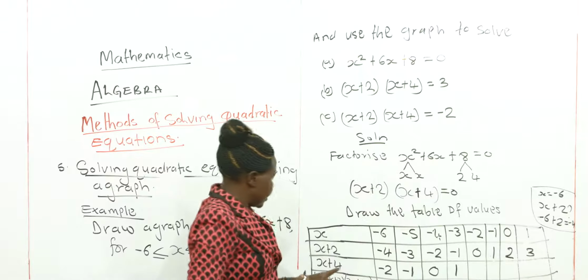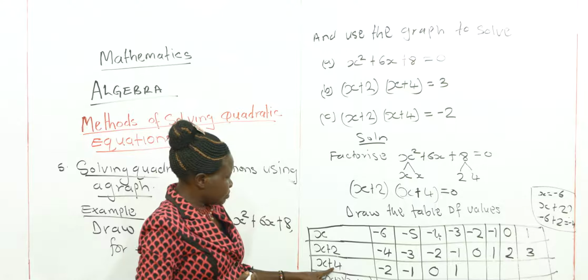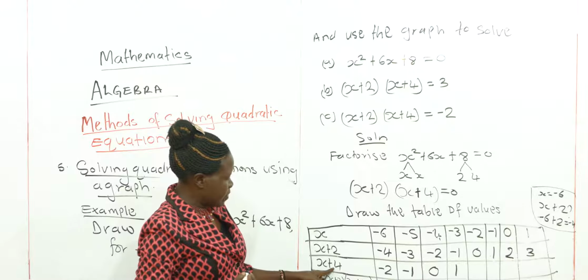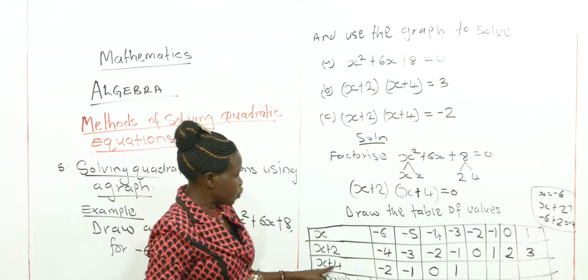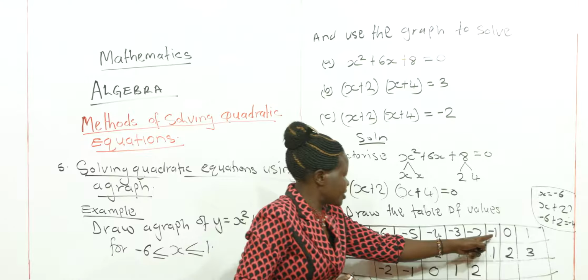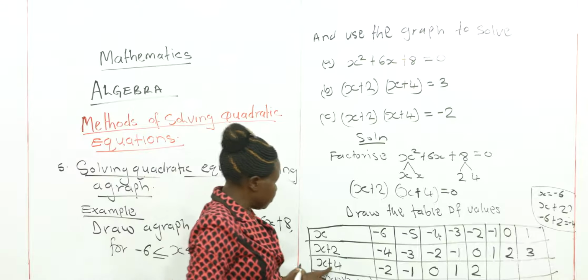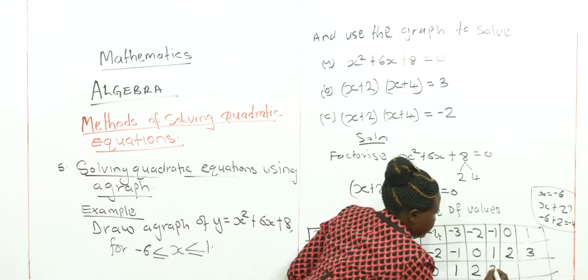And then negative 2 plus 4, we get positive 2. And then negative 1 plus 4, we get positive 3.